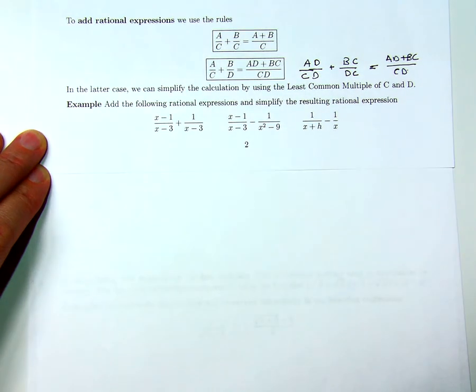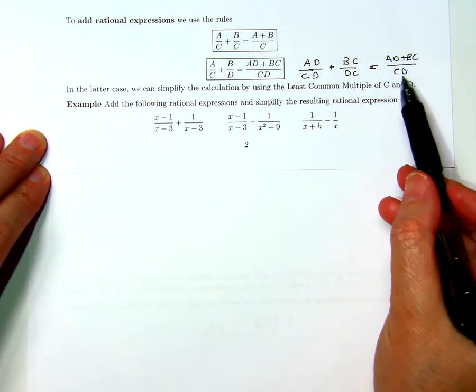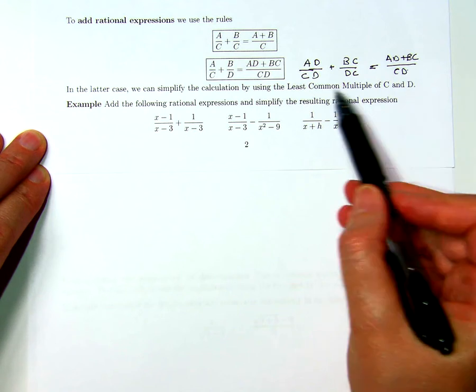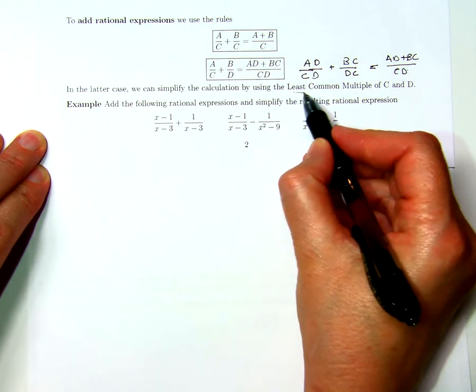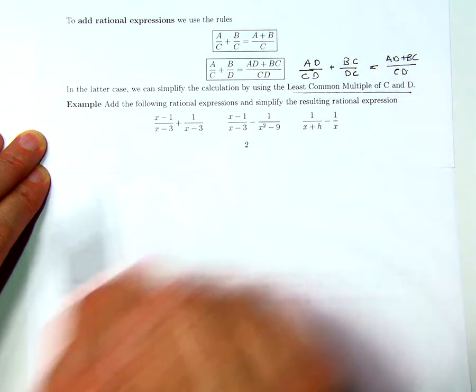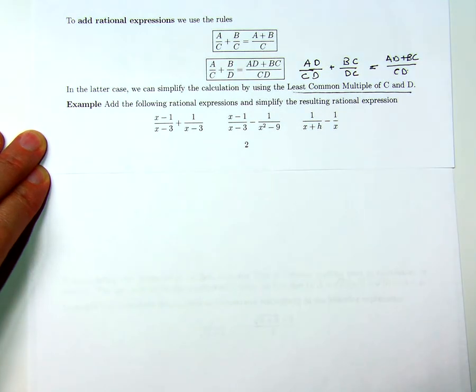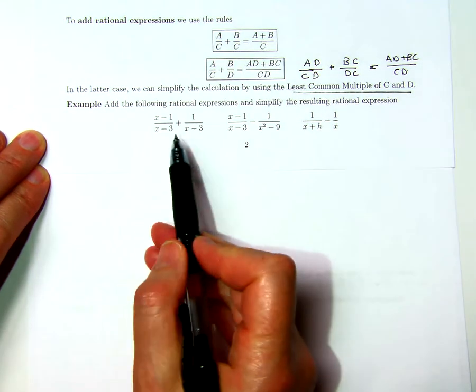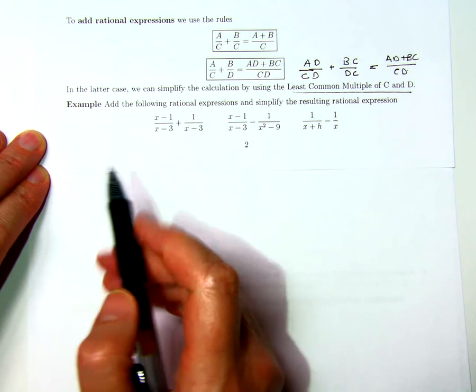And we can also have a little overlap here and create the least common multiple of c and d, and that will also work. So suppose I want to add these rational expressions.